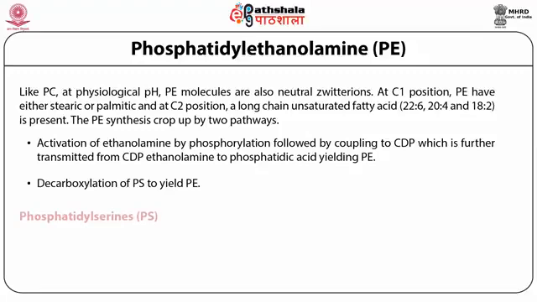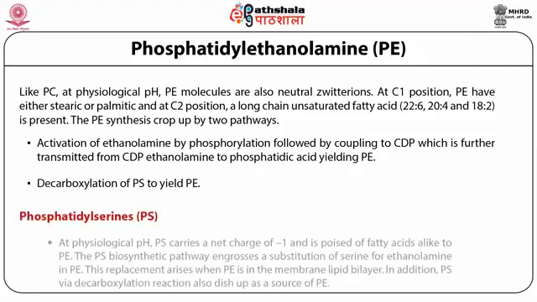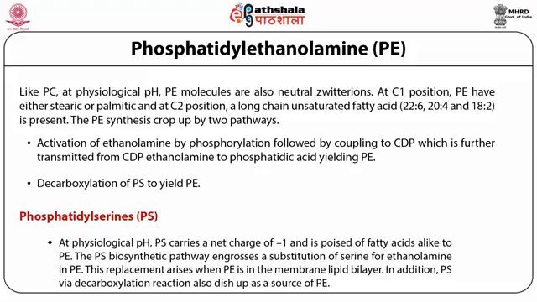Likewise, phosphatidylserine at physiological pH carries a net charge of -1 and is composed of fatty acids similar to those of phosphatidylethanolamine. The phosphatidylserine biosynthetic pathway involves a substitution of serine for ethanolamine in phosphatidylethanolamine.